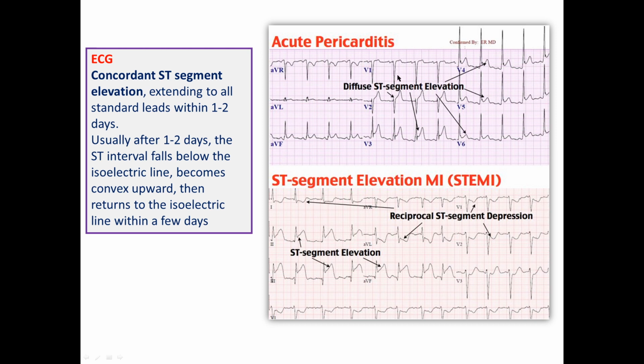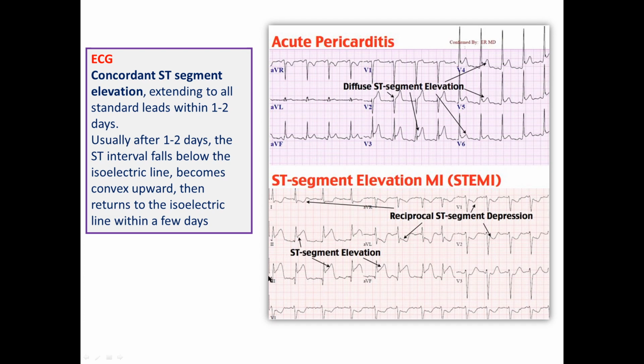In acute pericarditis, we have concordant ST segment elevation. What does concordant mean? You see ST segment elevation in all leads, whereas myocardial infarction is characterized by reciprocal or discordant elevation of the ST segment.